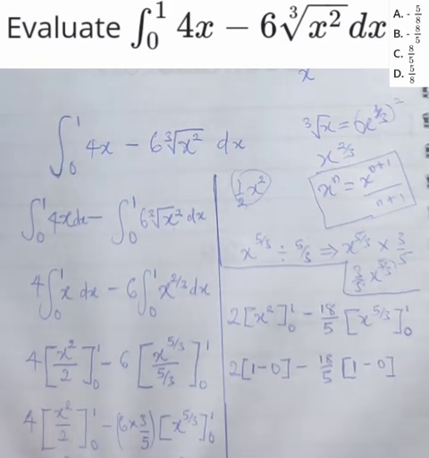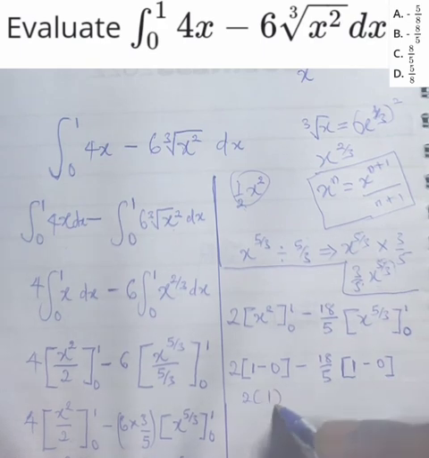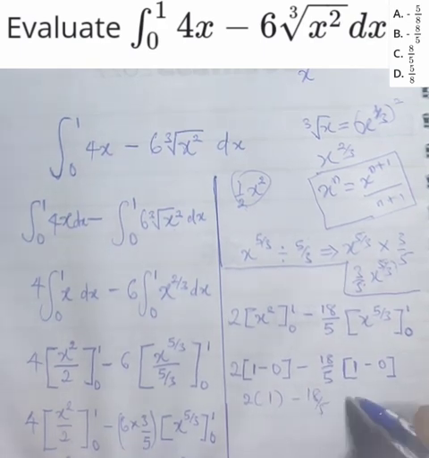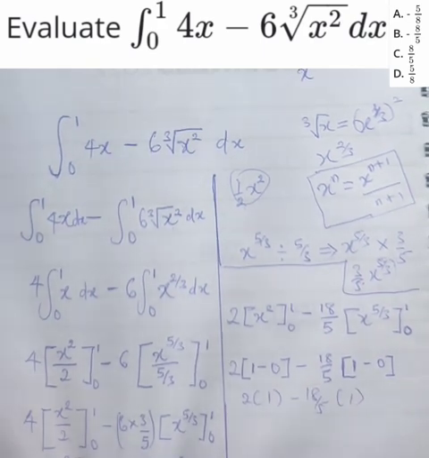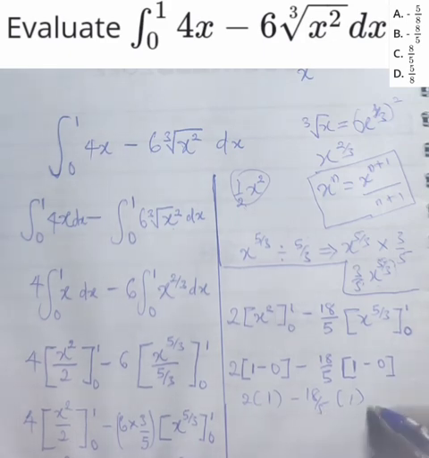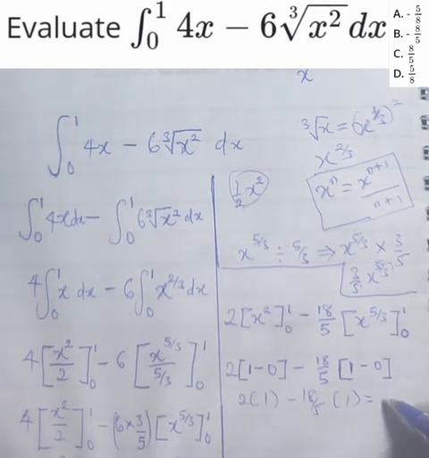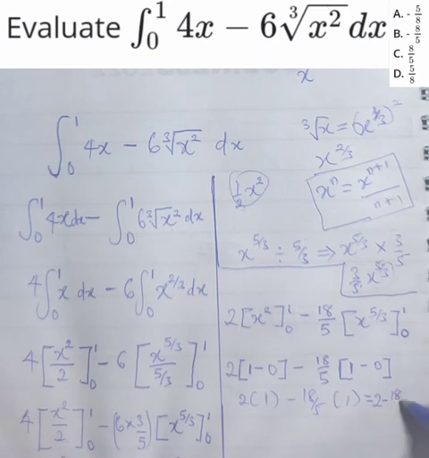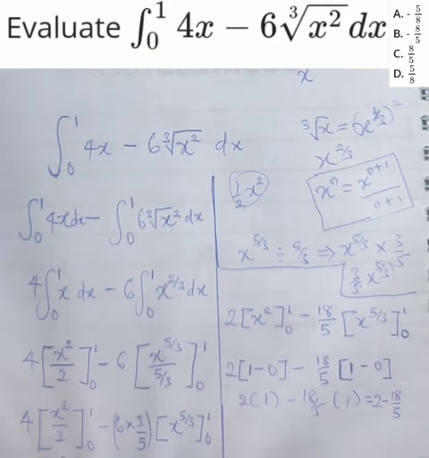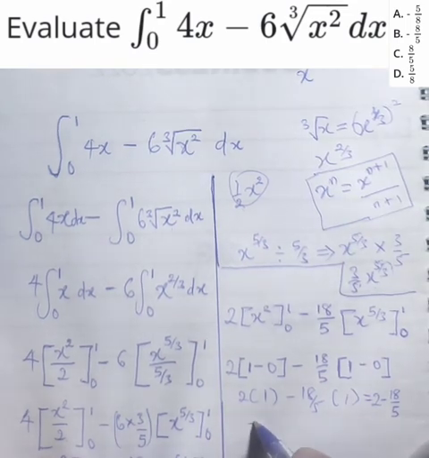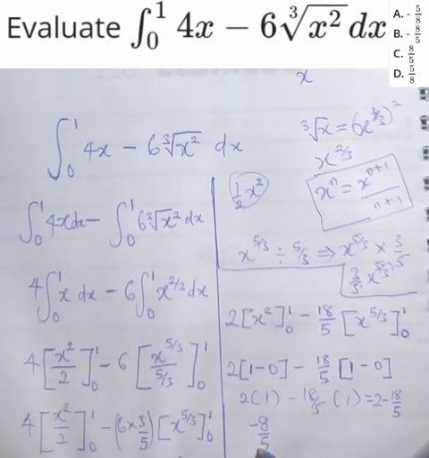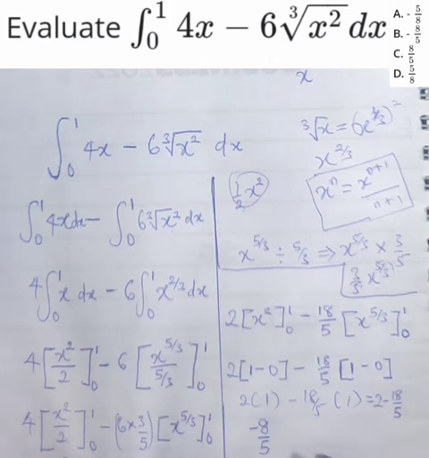So 1 minus 0 is 1, so we have 2 times 1, minus 18 over 5 times 1. So basically, this is 2 minus 18 over 5. And that gives us minus 8 over 5. And that's our answer. That's option B.